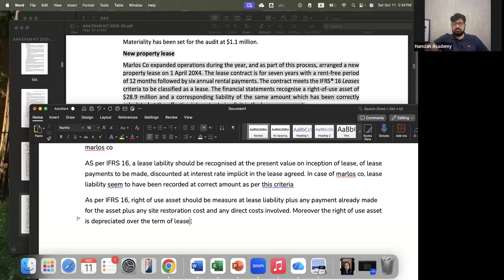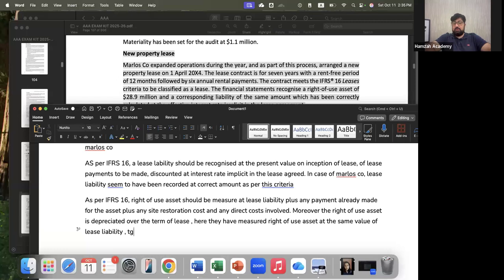Now, so here they have measured leased right of use asset at the same value of lease liability.